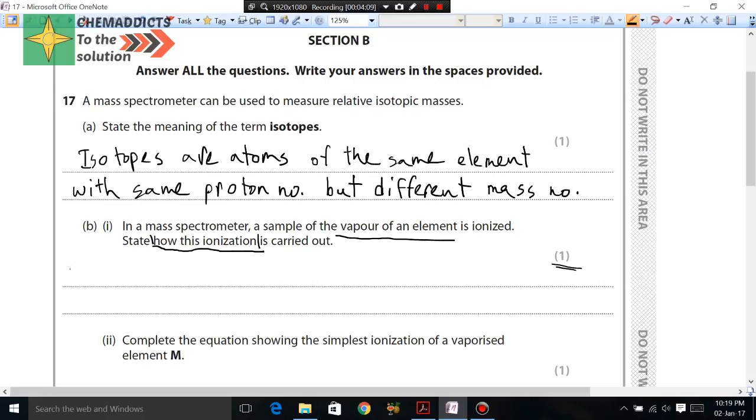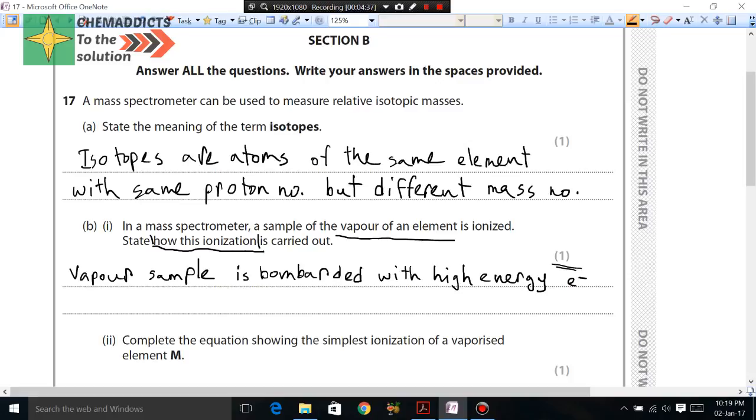We will write the answer like this: vapor sample is bombarded with high energy electrons which knock one or more electrons from the outer shell.